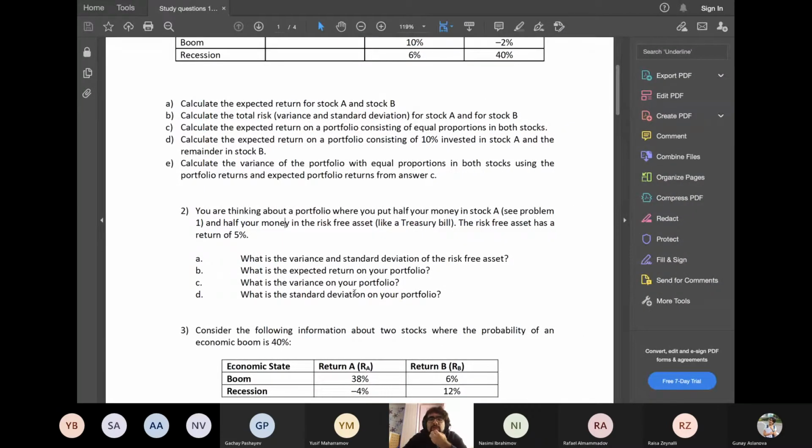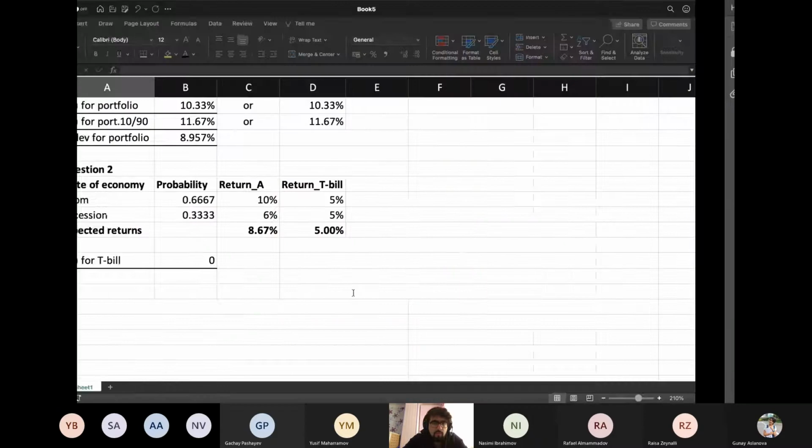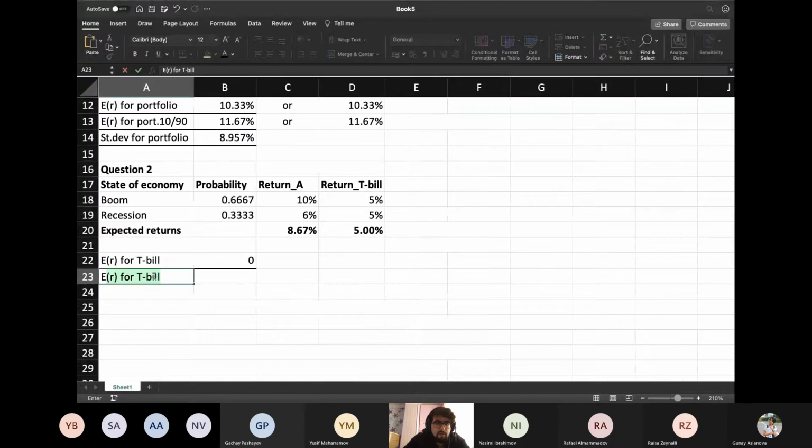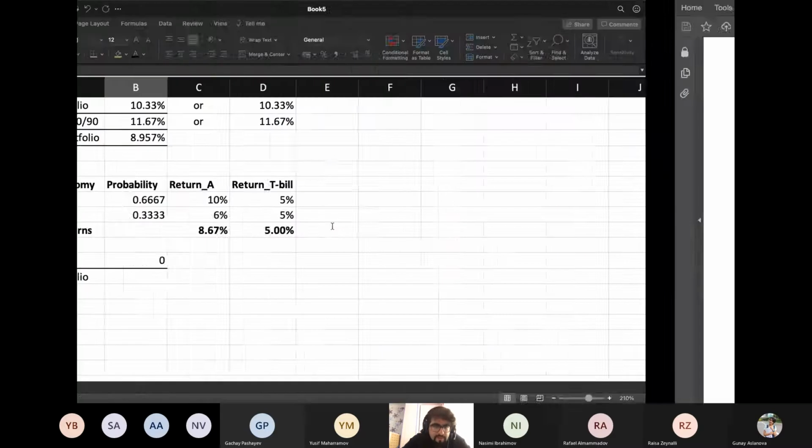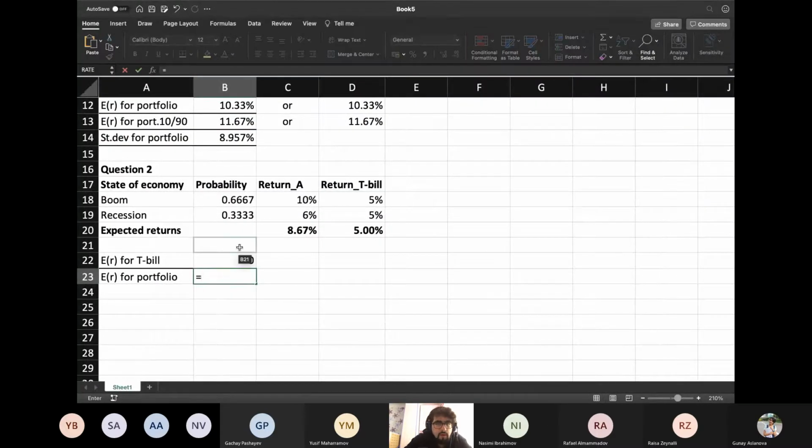What is the expected return on your portfolio? So we are putting half of our money in stock A and half of our money in the risk-free asset. 0.5 times this one plus this one.